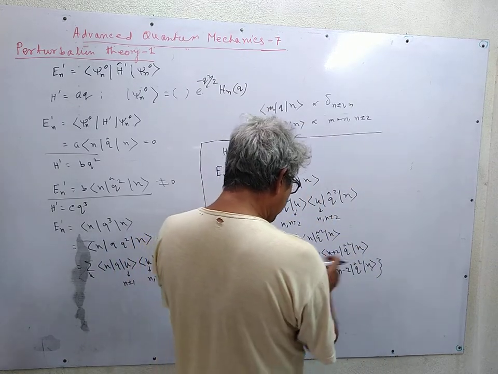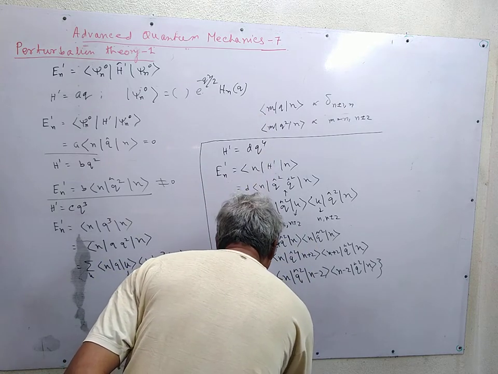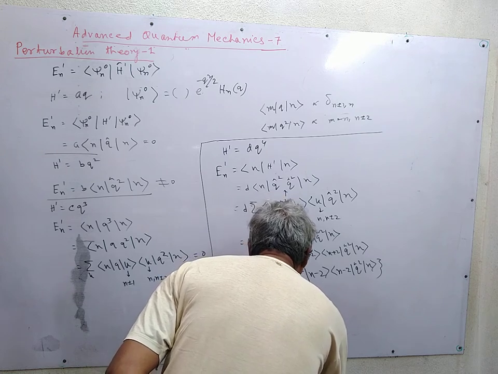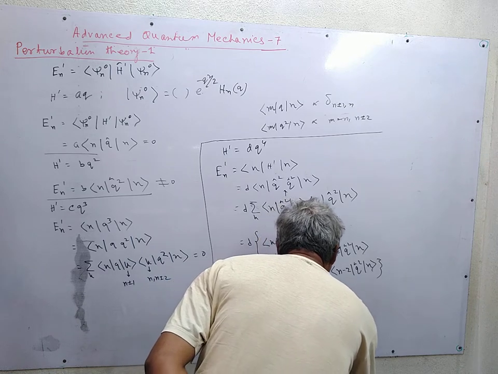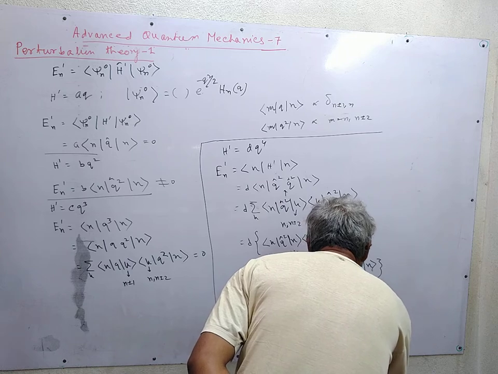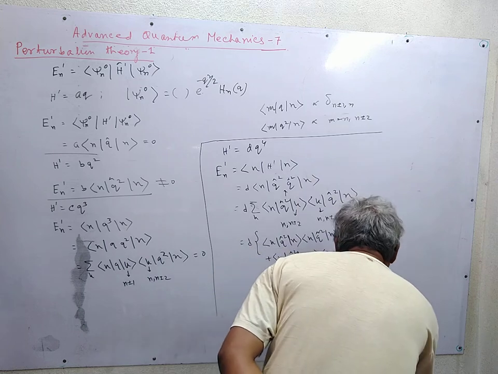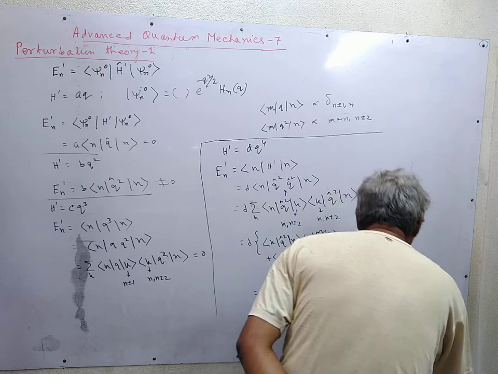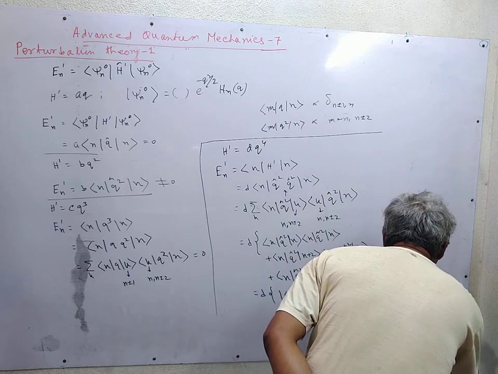These are Hermitian conjugates of each other, so we can write it as d times the modulus square of n q square n, plus n q square n plus 2 squared, plus n q square n minus 2 squared.